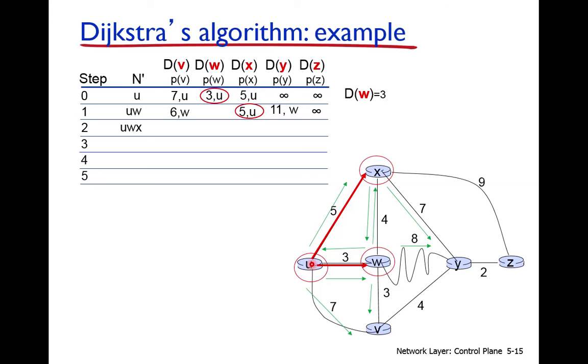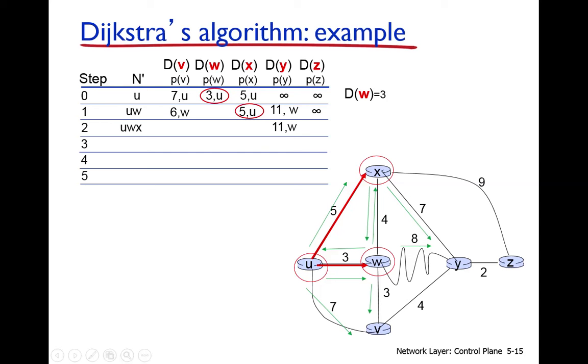So if you consider U to X and X to Y, it becomes 12. And the already present path from U to Y is 11. The present value is lower than the explored one, so we will maintain the present value. The minimum value will be maintained.